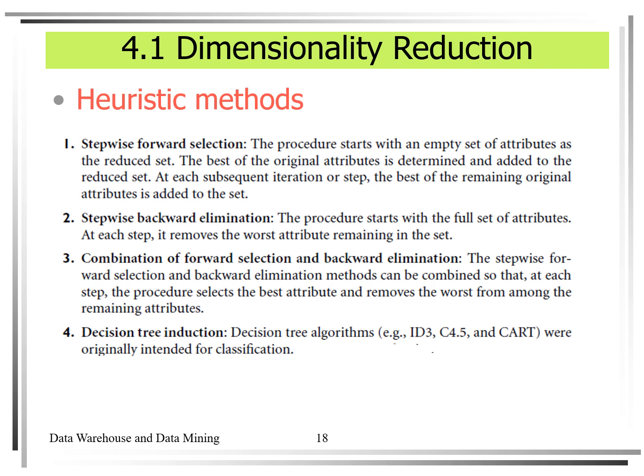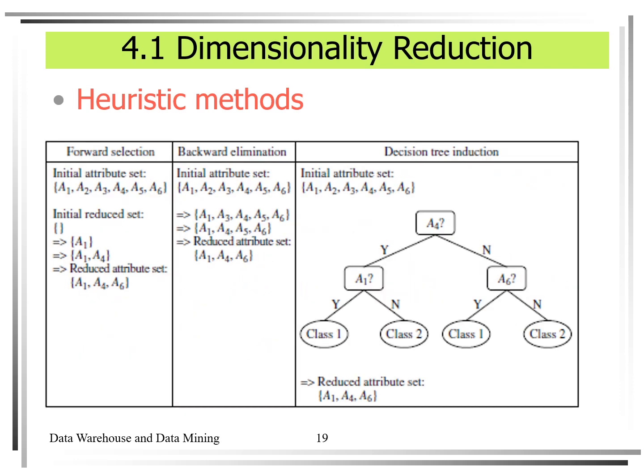So we apply both approaches at each step. The decision tree algorithm is originally used for classification. However, it's also used for dimensionality reduction, and I'll have an example about that in a minute. So this is an example for forward selection, backward elimination, and decision tree induction.